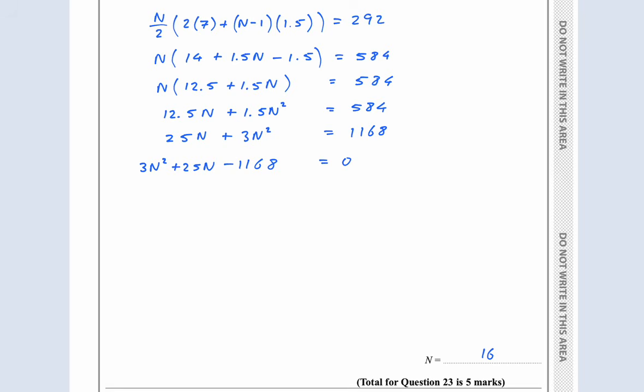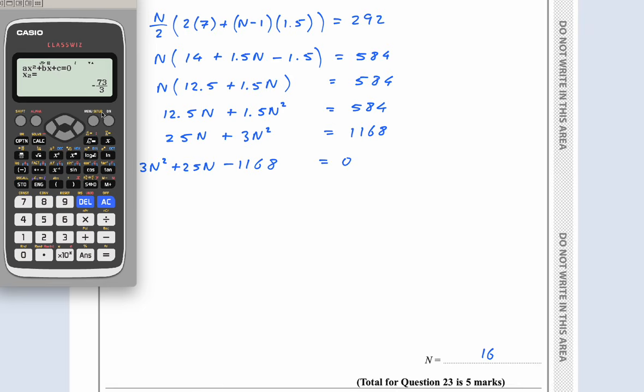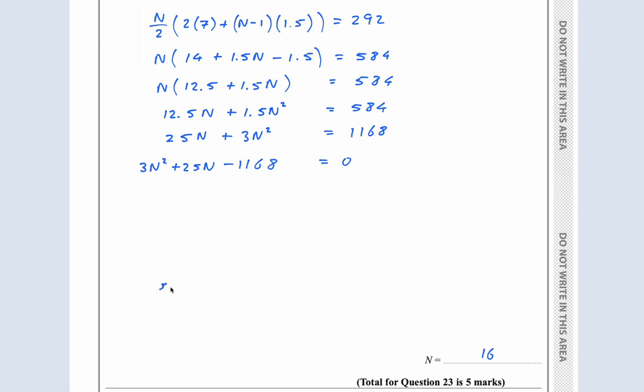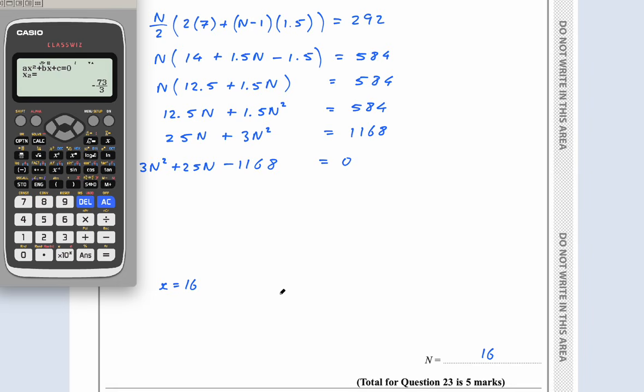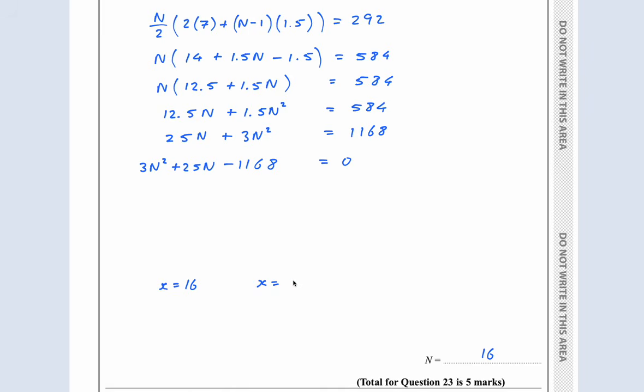You could try to get the factors, and the way you get the factors is you say, okay, x equals 16, or x equals minus 73/3, which means you kind of work backwards here. x minus 16 equals 0. 3x equals minus 73, or 3x plus 73 equals 0.